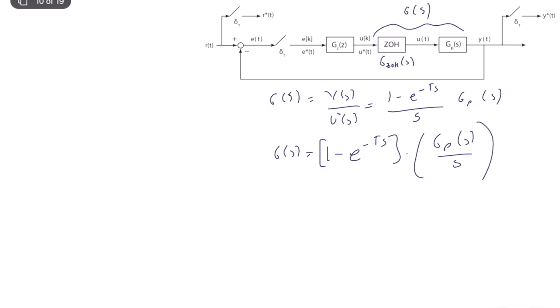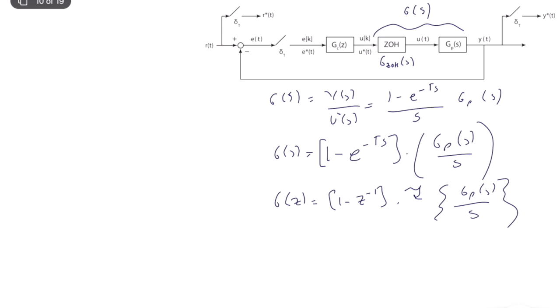So G of z is equal to 1 minus z to the power minus 1 times the z transform of Gp of s divided by s. Later I will solve an example.